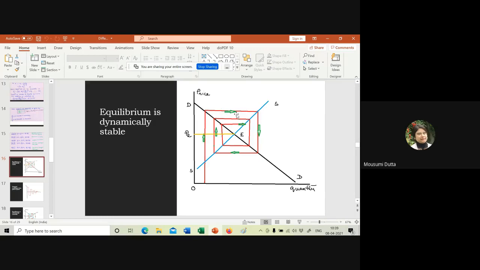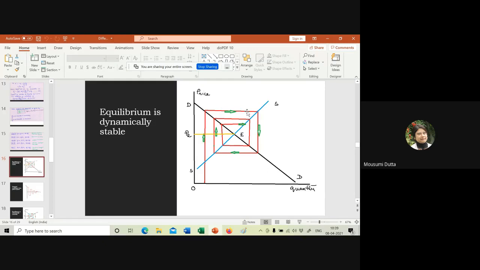Excess supply. What will be the market mechanism, a reduction in price or an increase in price? Reduction. So price will fall in the next time period. If it is the first period price, since there is an excess supply, in the next period price will fall.